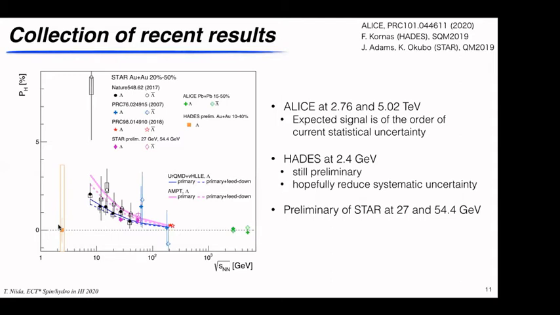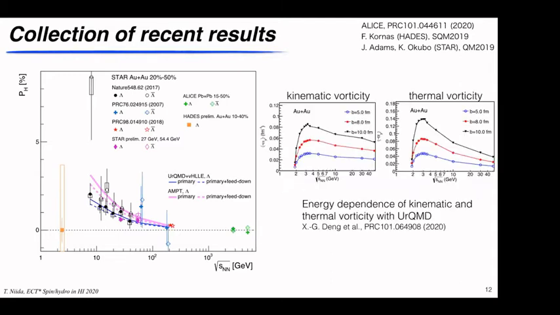Based on the theoretical expectation, both the kinematic vorticity and the thermal vorticity predict that the vorticity will drop off around 2 or 3 GeV. So in that sense, this data seems close to that expectation. But of course, this has a large uncertainty that should be improved.